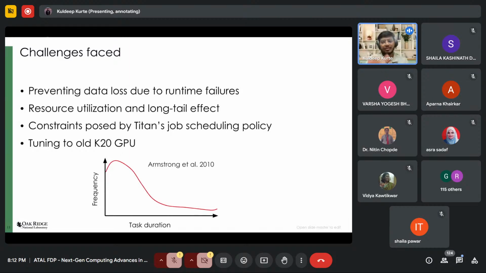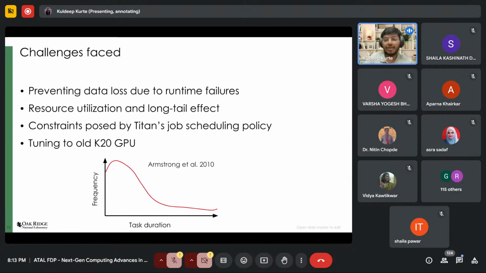It should not prioritize the second user over the first just because that user is asking for more nodes. So to maintain fairness, there has to be a scheduling policy.